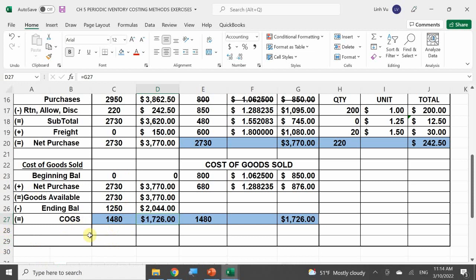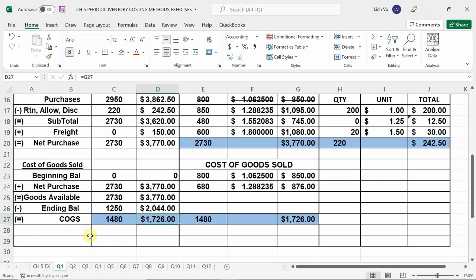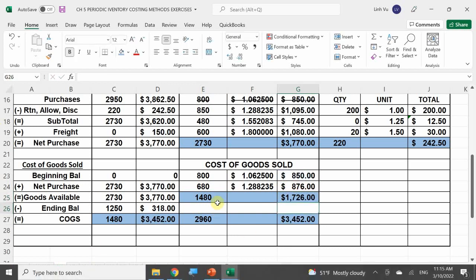But the quickest and easiest way is just to take your goods available and subtract what you sold. But that means at the end of the day, I still have to carry my values over at the end anyway, because we will have beginning balances. So if I wanted to, I could build my table.